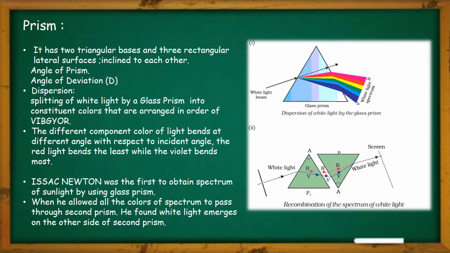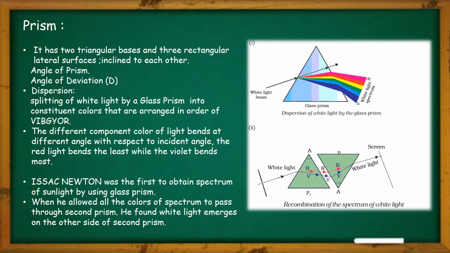The prism is an optical device which has two triangular bases and three rectangular surfaces. These surfaces are inclined to each other as shown in the picture. The angle between the two lateral surfaces is called the angle of prism, which is visible in the diagram also.